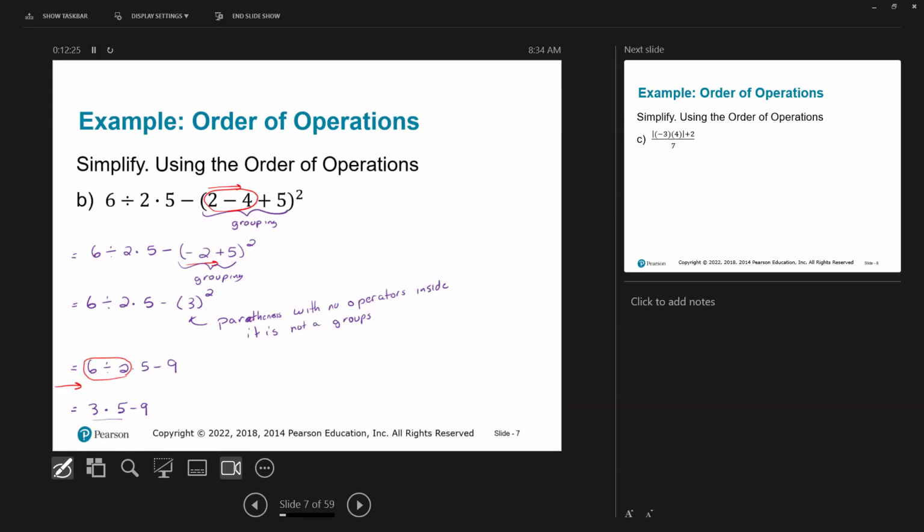Now we can do this operator, because like I said, we're going left to right for multiplication and division. I already did the first part, now we're doing the second part. So 3 times 5 is going to be 15 minus 9. And then we only have the last operator left, which is just subtraction. So 15 minus 9 is going to be 6.